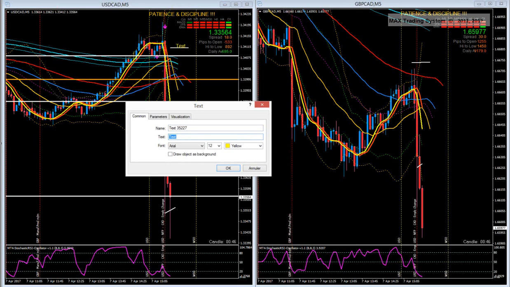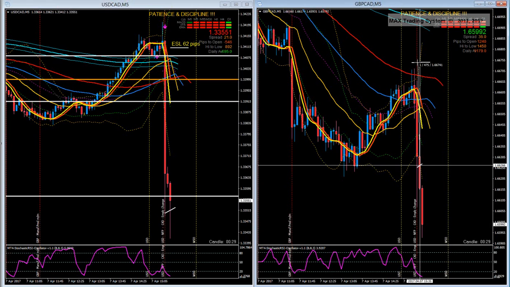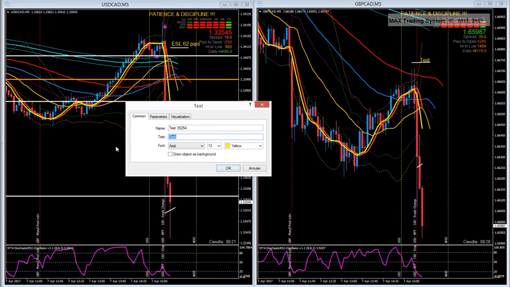So ESL 62 pips. And this helps also to lower the risk when the trade goes bad or wrong. And here we have, let's say, 48 and let's say 4, so 52 pips. 52.